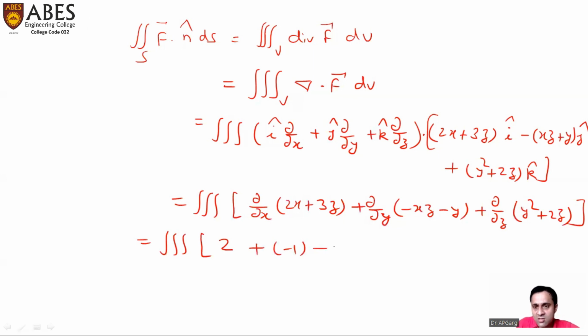And for the last term, del by del z of y square plus 2z, we have plus 2, dv. So the result will be 2 plus 2 is 4, minus 1 is 3. So it is 3 dv.